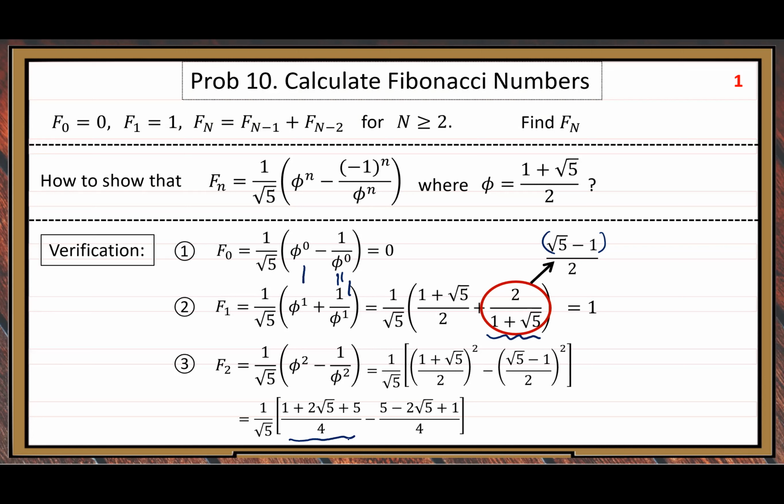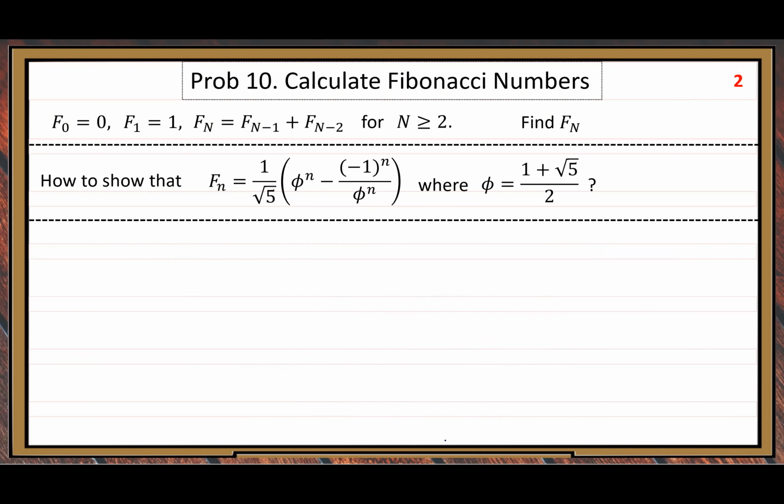For the second fraction, a minus b squared, we can find the second fraction. Then do some cancellation and simplification. At the end, we get this 1. So we verified the first 3 simple cases, 1, 2, 3. That's the first step: 3 simplest cases.